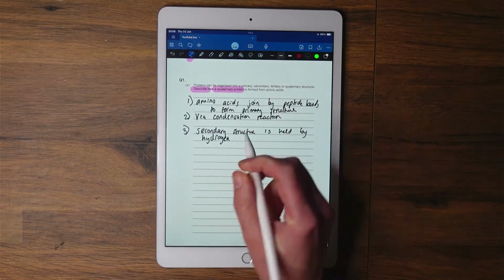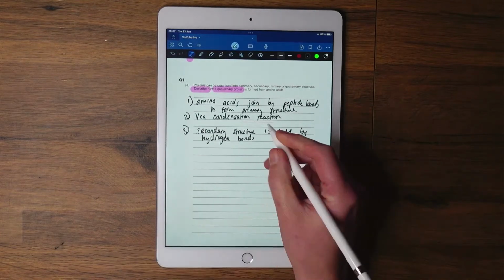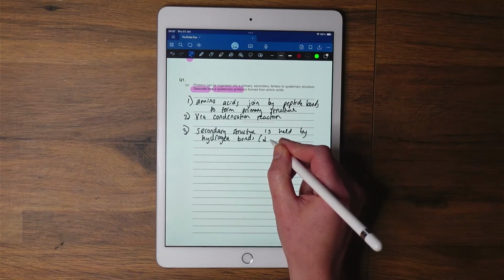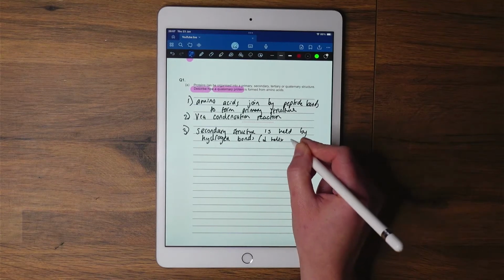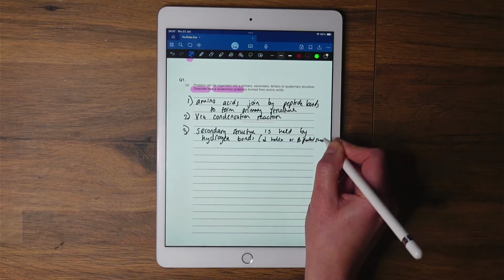Secondary structure is held by hydrogen bonds, and you could add in there, you have alpha helix or beta pleated sheet.